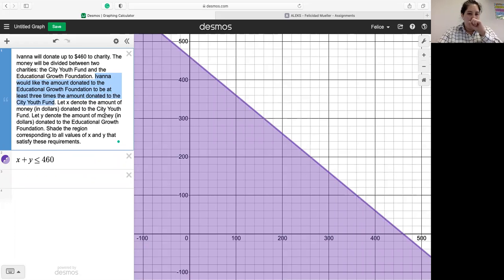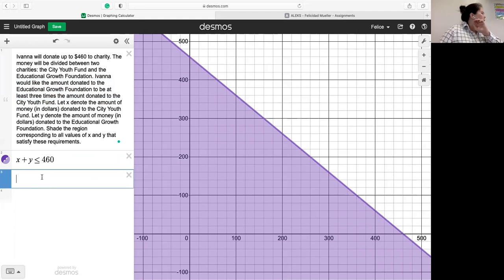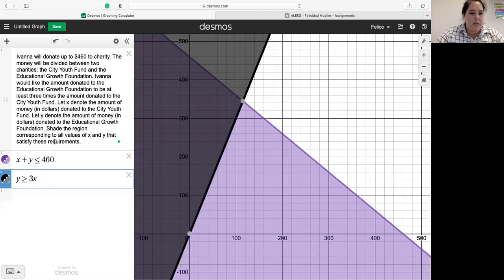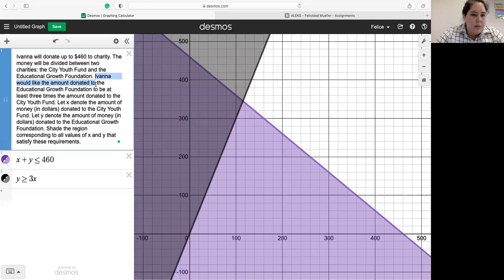The city one is going to be X, so we want Y to be greater than or equal to 3X. I'm going to read that one more time to make sure that is what they meant. Ivana would like the amount donated to the EGF to be at least 3 times the amount. So at least means I can have more than that. And X is the city youth and Y is the EGF.